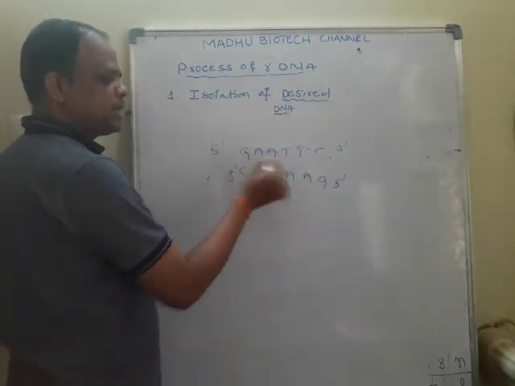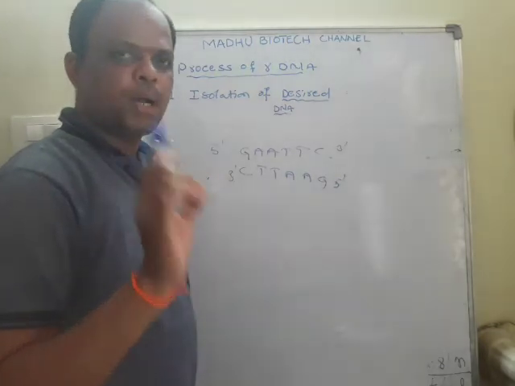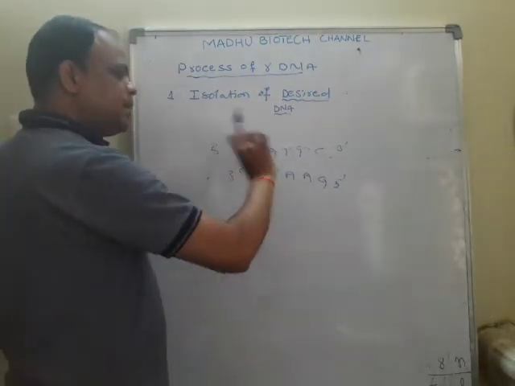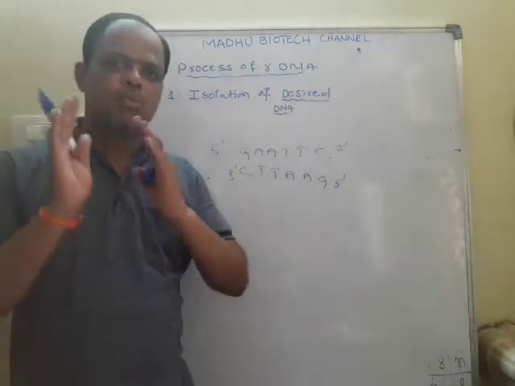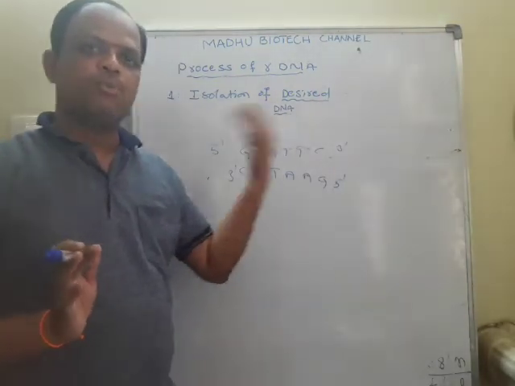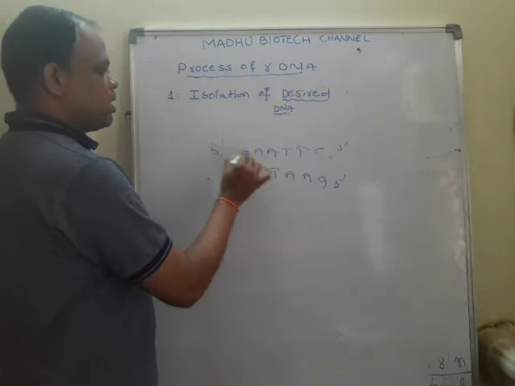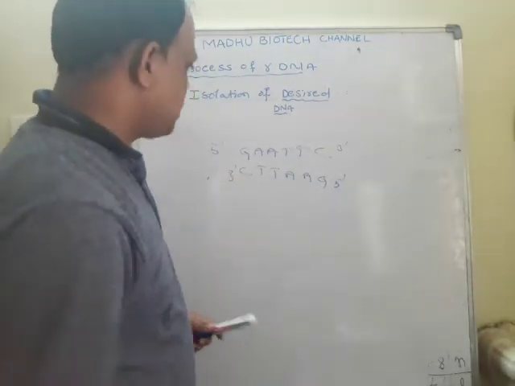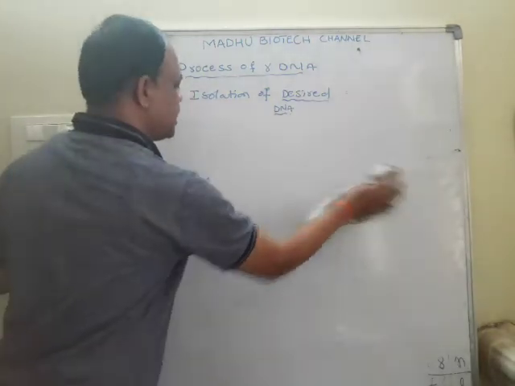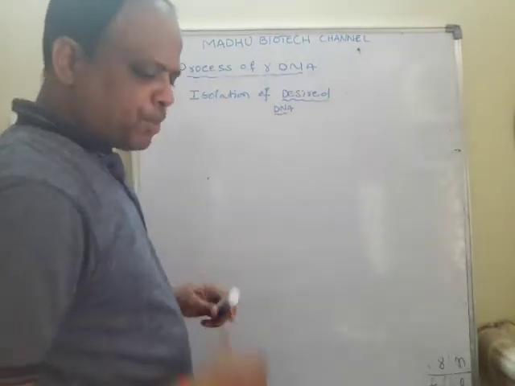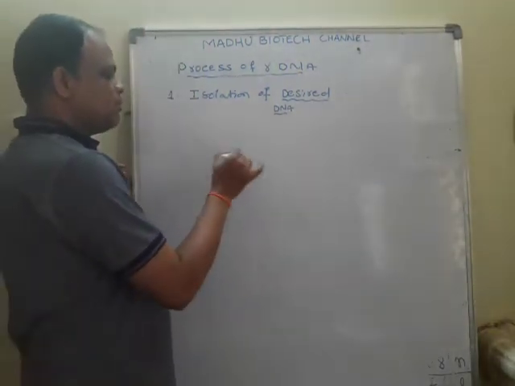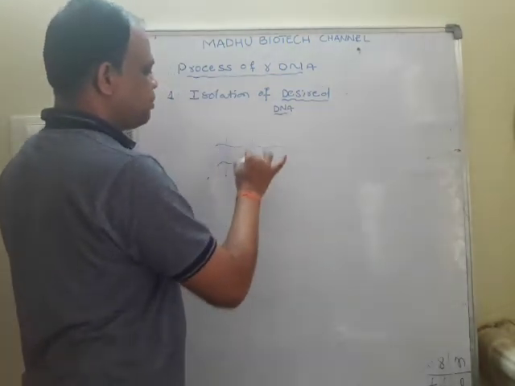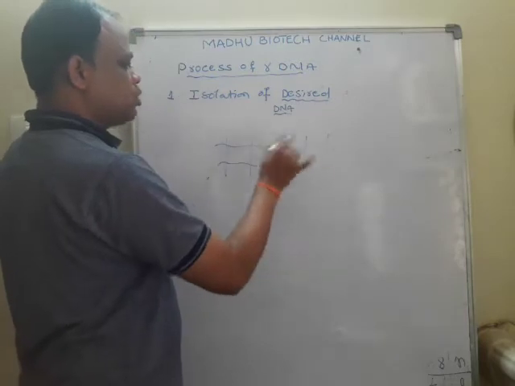When the nitrogen bases are read forward to backward and backward to forward, that is called a palindromic sequence. So with the help of these enzymes we cut the DNA into a number of fragments, but we don't need all the fragments.